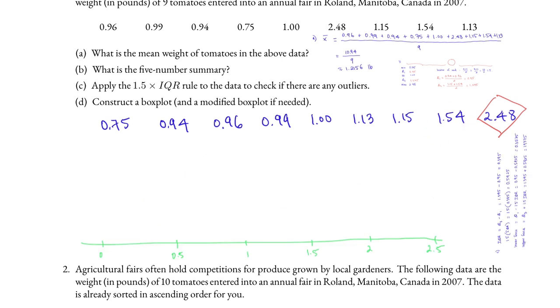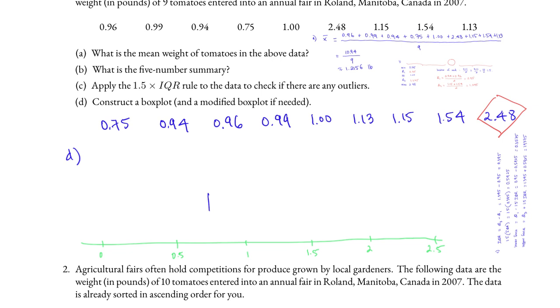Since there is an outlier, we will construct a modified box plot. The box plot is the graph of the 5-number summary, modified if there is an outlier. Using the provided number line, we will plot the 5-number summary. The minimum is 0.75, between 0.5 and 1.